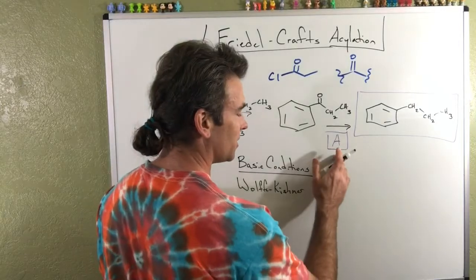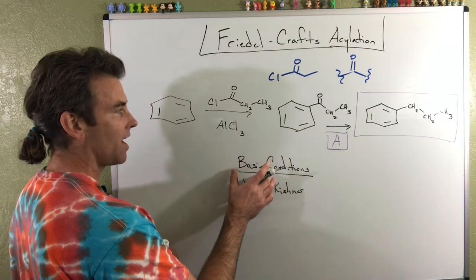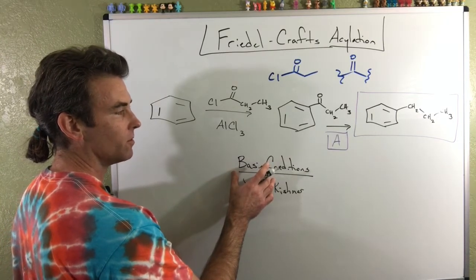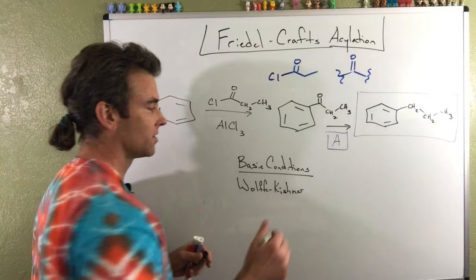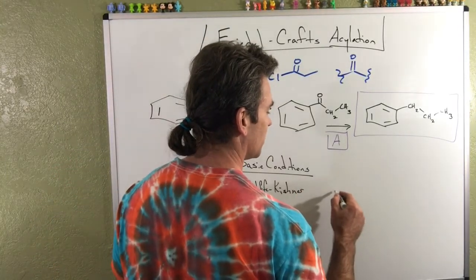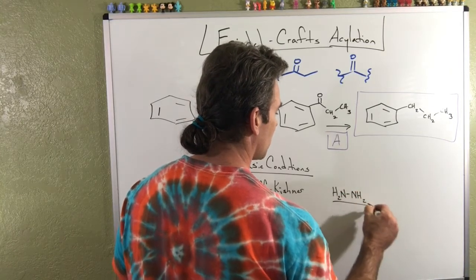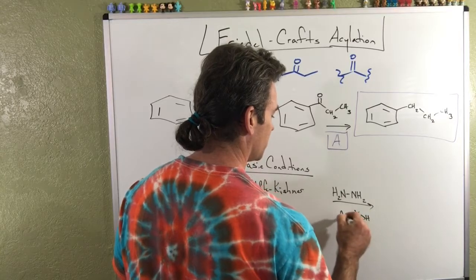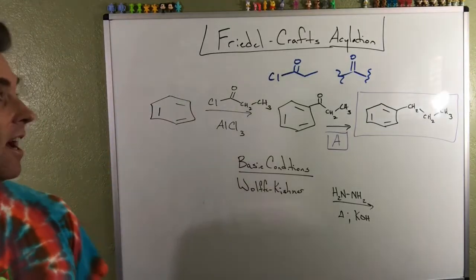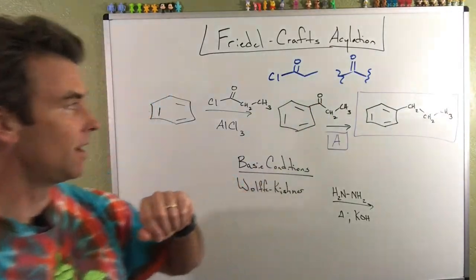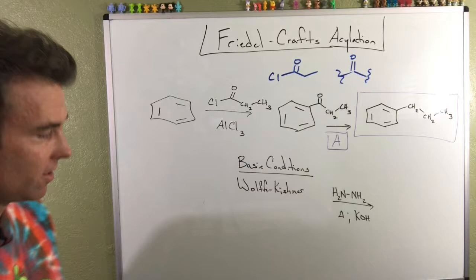And so the reagents for A in that case, you would choose this if, let's say, you had in your aromatic ring some sort of group that was really sensitive to acidic conditions. You might go with these basic conditions for the Wolff-Kishner. And typically the reagents are going to involve rocket fuel, aka hydrazine, a whole bunch of base, and a whole bunch of heat, right? Those are pretty extreme conditions, but the good news is that it is really good at removing those benzylic carbonyl groups. This position is called the benzylic position.